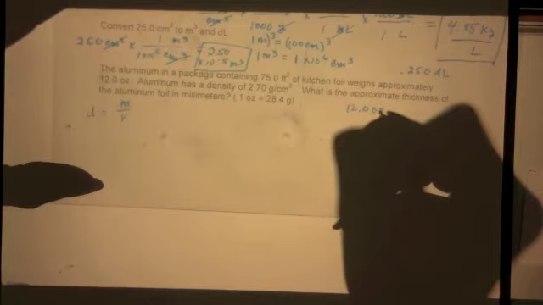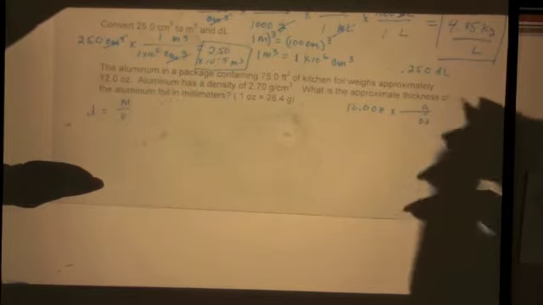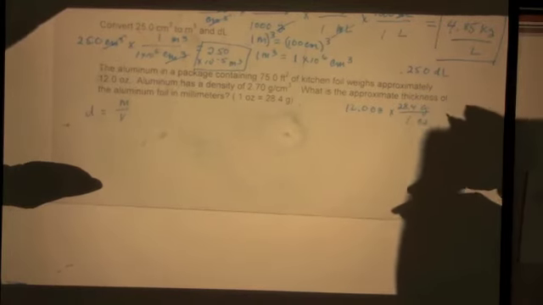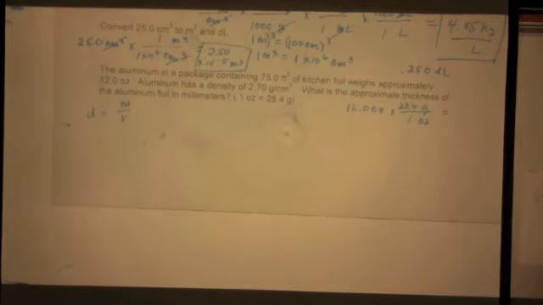We have 12.0 ounces, that's an OZ there, times, now we want to get rid of ounces and we want to change it to grams. 1 is the number that goes with the ounces and 28.4 is what goes with the grams.